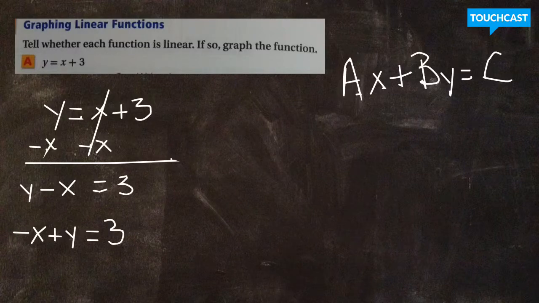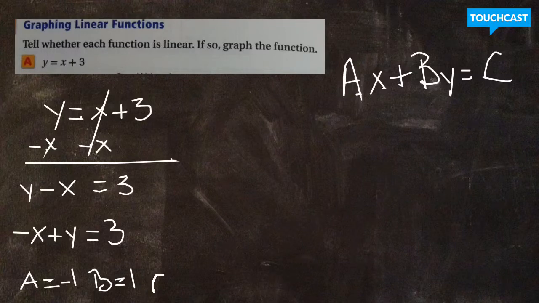We've got a equals negative 1, b is equal to 1, and c is equal to 3. A, b, and c are all real numbers. A and b are not 0.